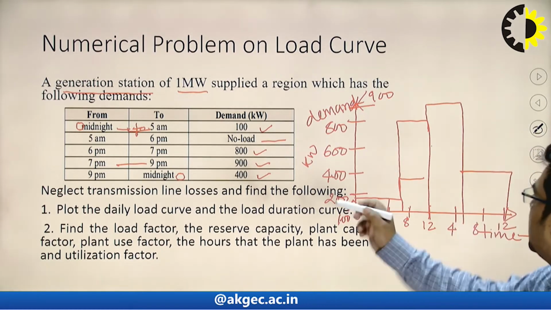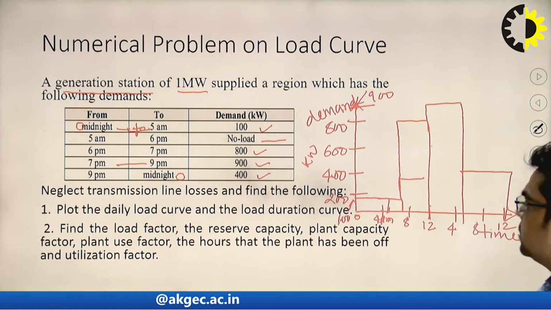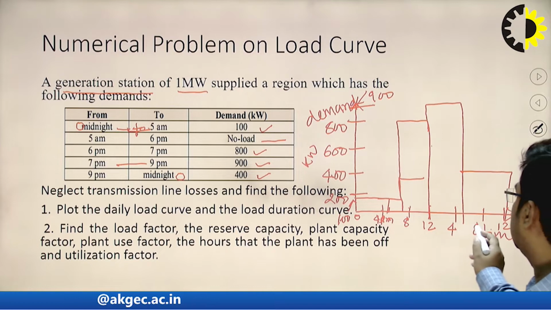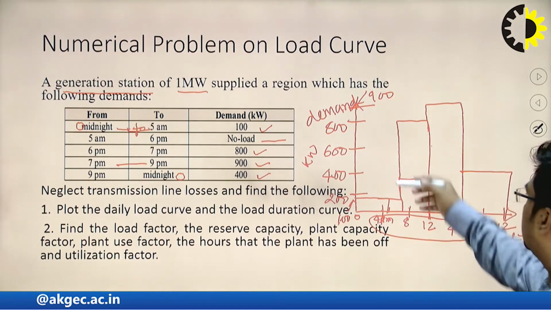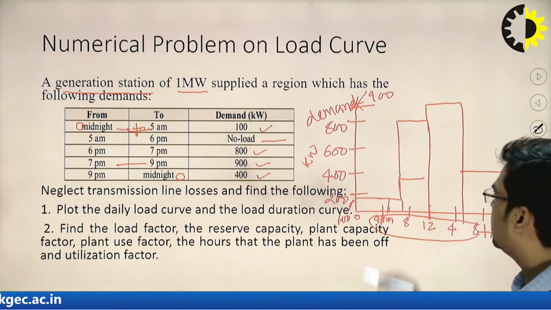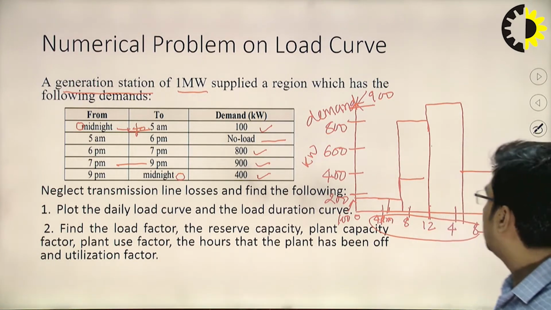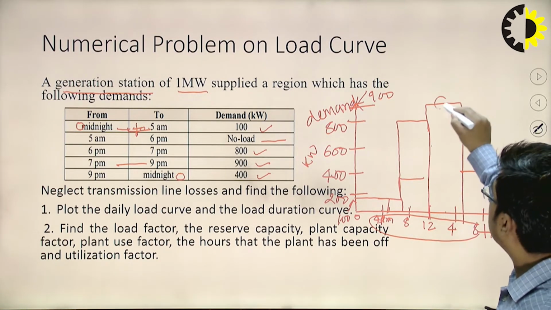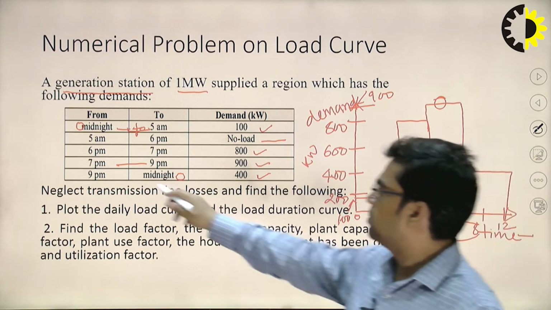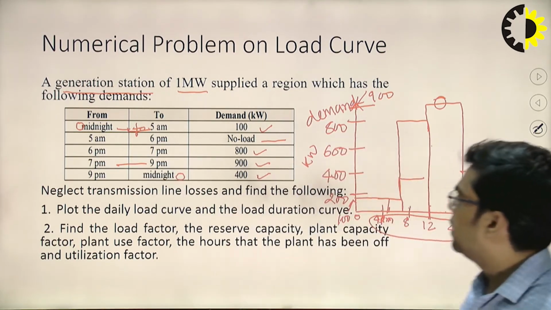Based upon this data we can plot the load curve. We can decide which sequence will be the maximum load. The maximum load sequence will be from 7 to 9 pm, of 900 kilowatt.